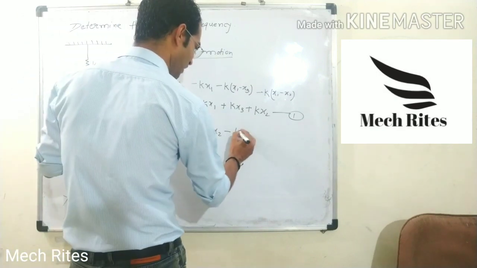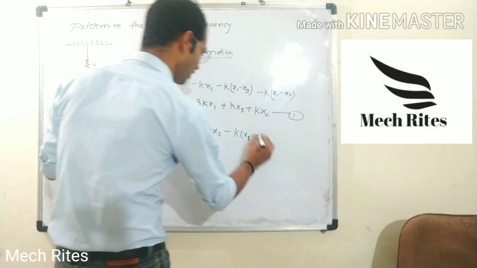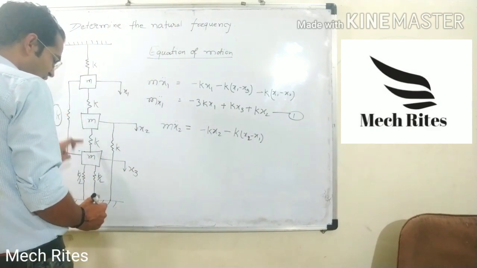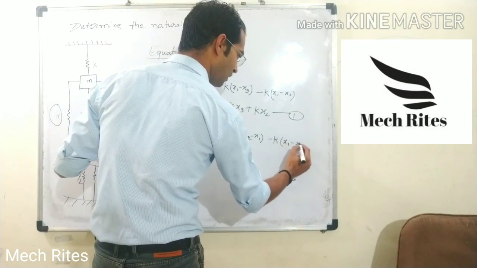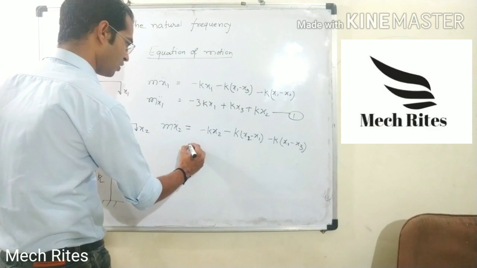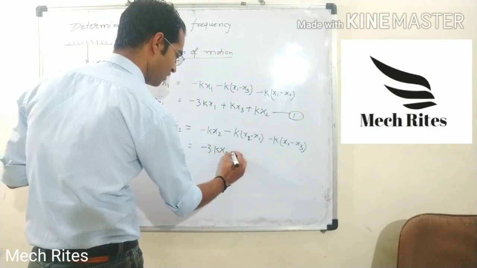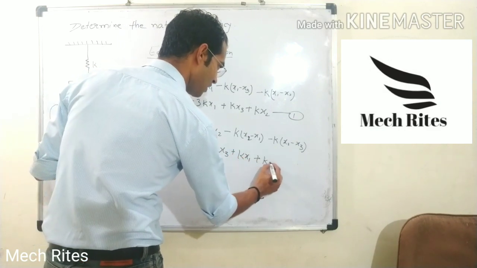And the same thing, x3 will affect, so I will write here minus k x2 minus x3. So the final answer will be minus 3k x2 plus k x1 plus k x3.